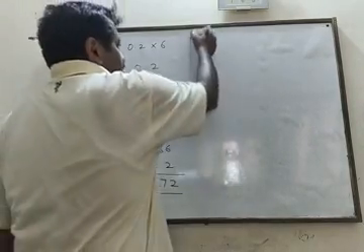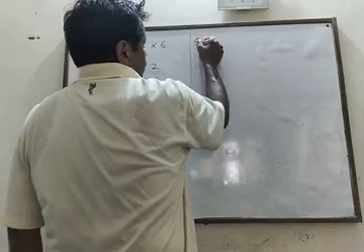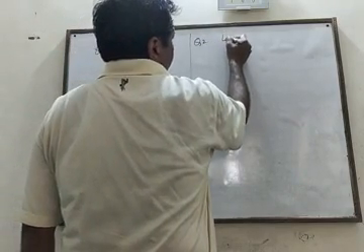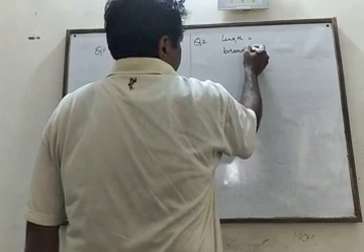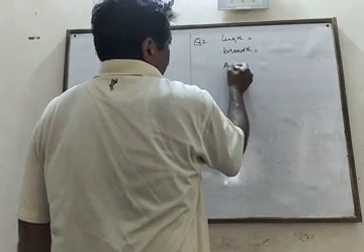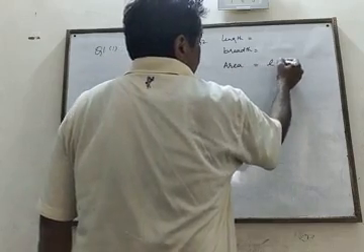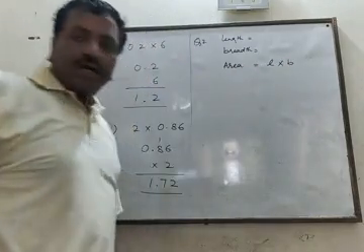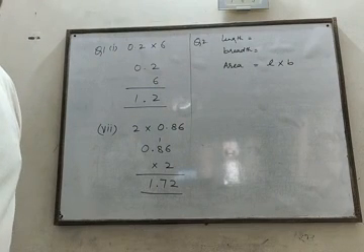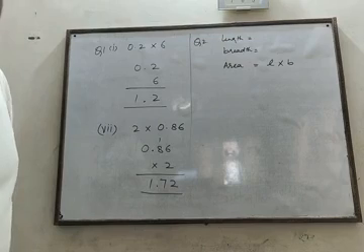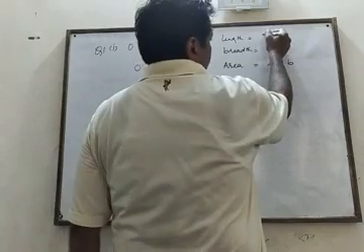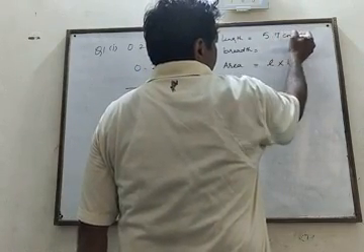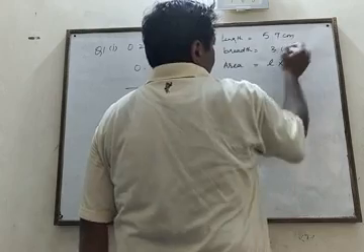Question number 2. The length of the rectangle is given, the breadth of the rectangle is given, and we need to find the area. We know that the area of a rectangle is length multiply breadth. So the rectangle's length is 5.7 centimeter and its breadth is 3 centimeter.